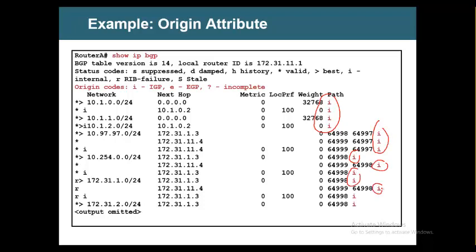Correct. It's actually originated from 64997. And in that autonomous system, there is some router. There is one router where this network is advertised. It is advertised to the neighbor, whichever the next neighbor is.